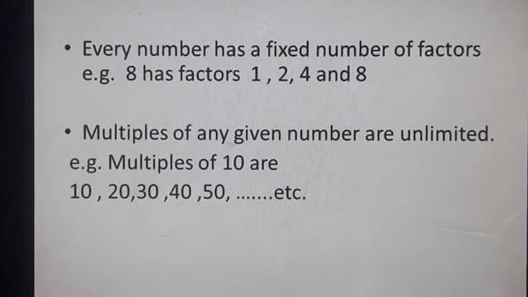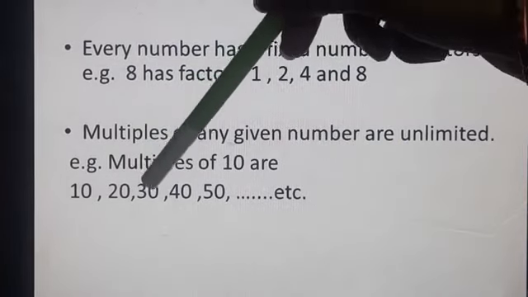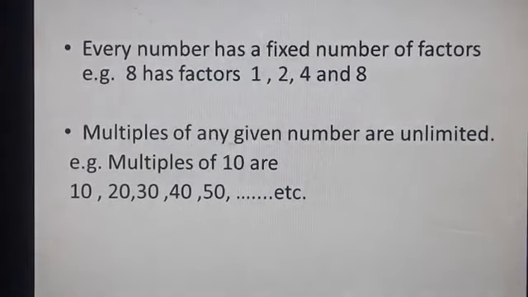Multiples are not fixed. For example, multiples of 10 are 10, 20, 30, 40, 50, 60, 70, 80, 90, 100 and so on, 110, 120, 130. So these are unlimited.